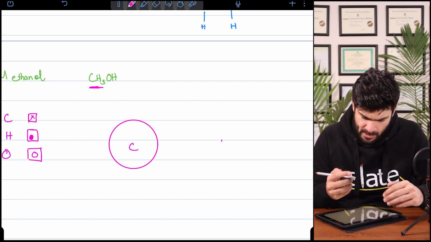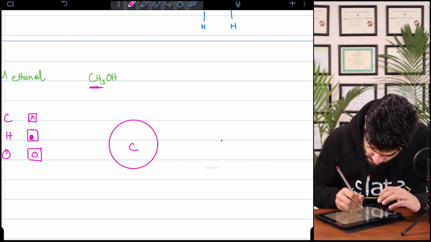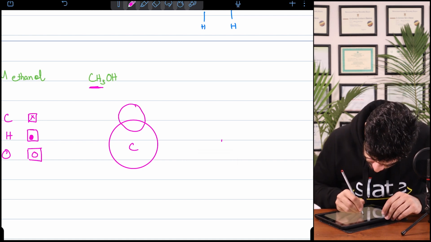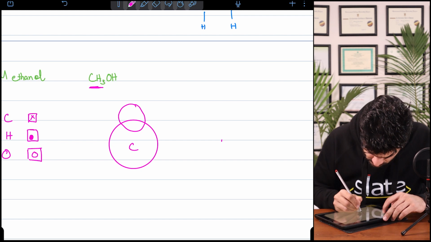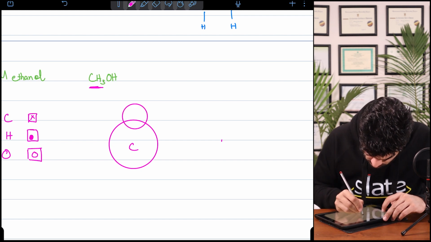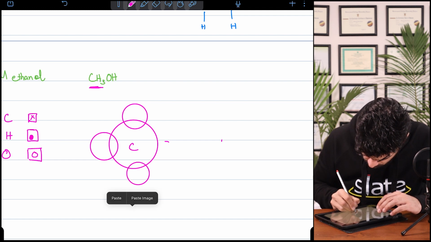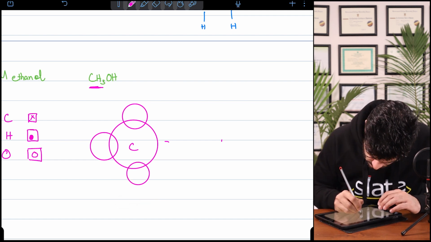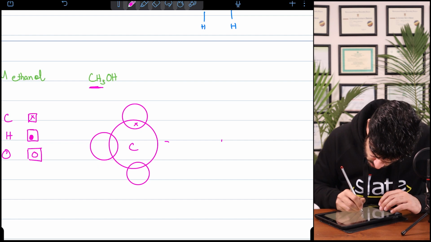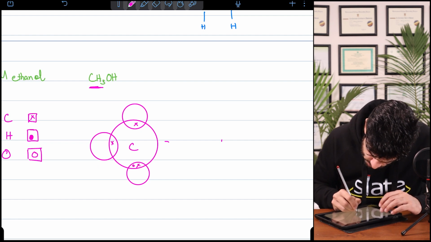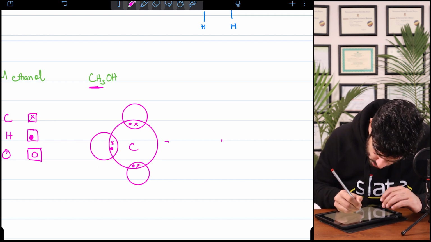That can be repetitive. So carbon needs 4 bonds. How many hydrogens do we have? 3 with this carbon. So carbon is cross, cross, cross. Hydrogens are dot, dot, dot.